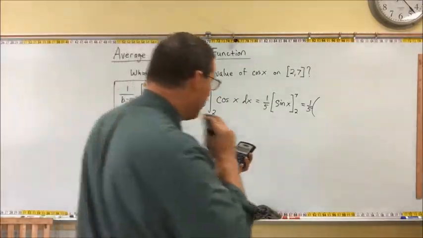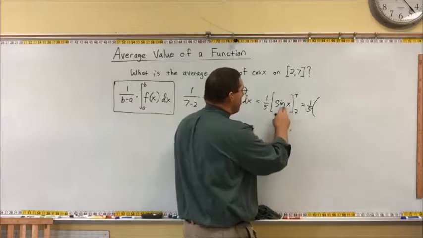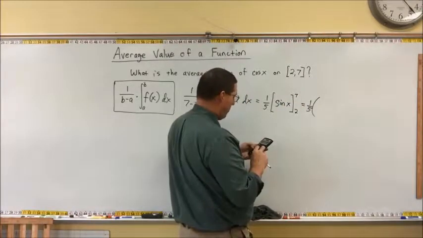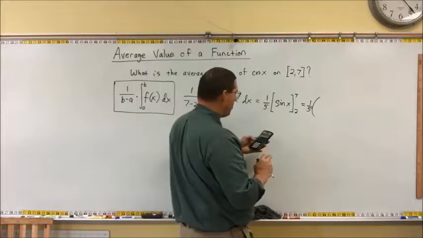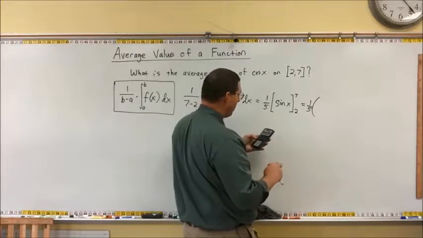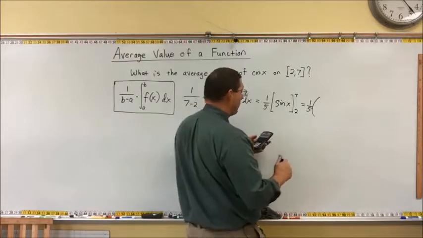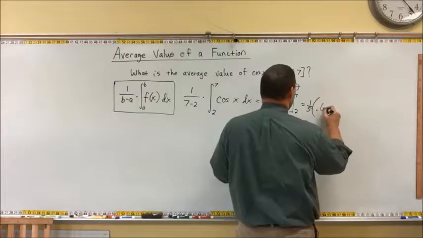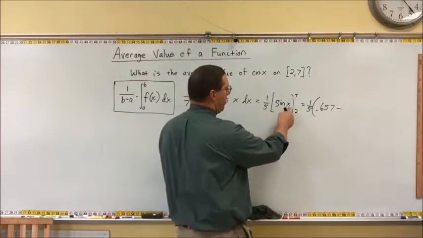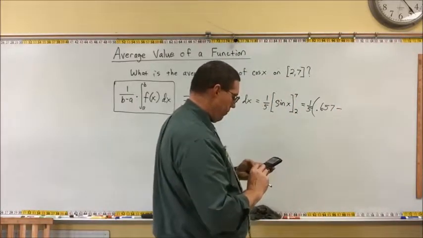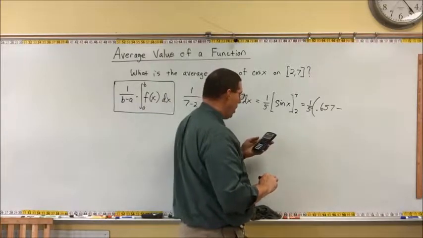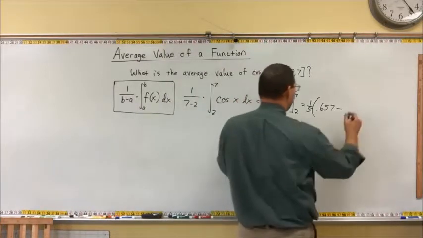Now that I'm in radians, I can do sine of 7. So sine of 7 is going to be 0.65698. Well, it's actually 0.657. So 0.657 minus, now I'm going to plug the 2 in, sine of 2 is 0.9093.